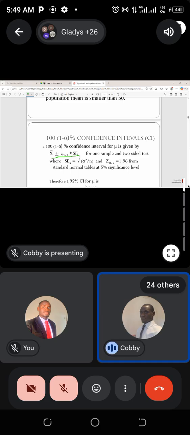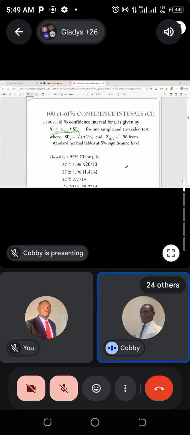Okay, so now if we are to use this formula, you find that here you have to put x bar, which is 27, which they have included here, plus the z value, which is 1.96, multiplied by the square root of 20 divided by 10.